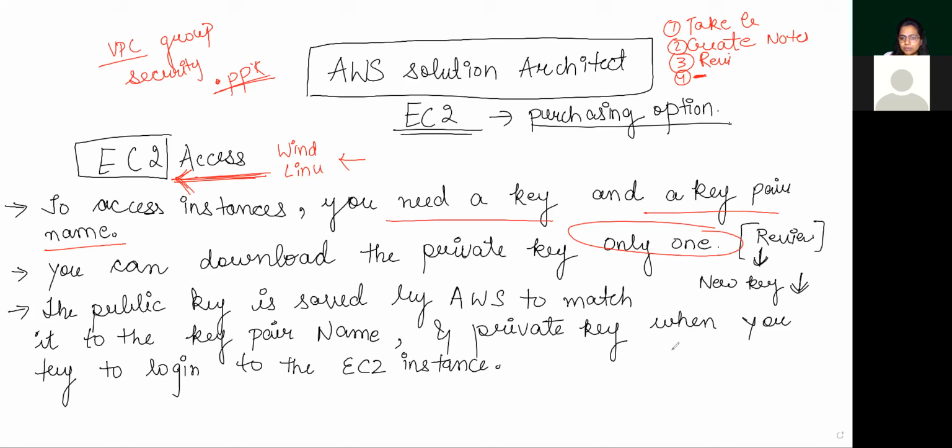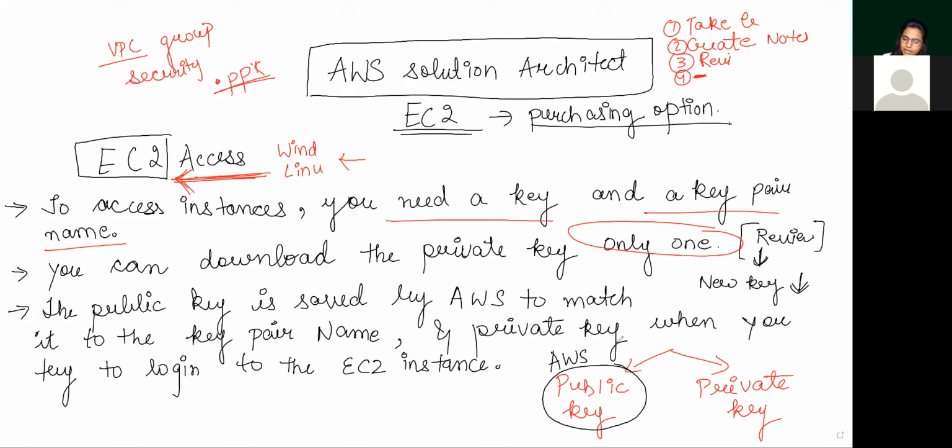Now there are two types of keys that AWS provides. One is the public key and another one is the private key. The public key is with AWS, and the private key is given to the user.